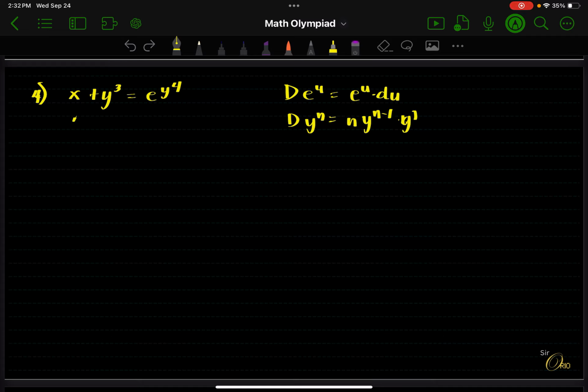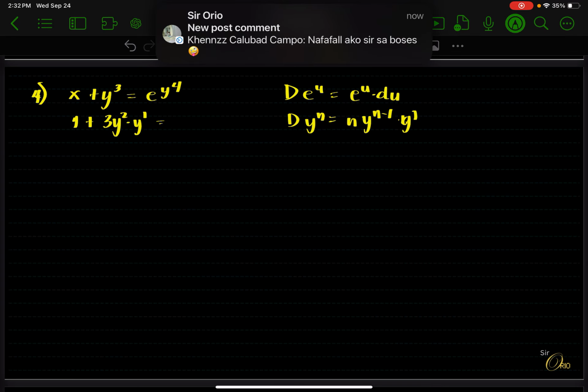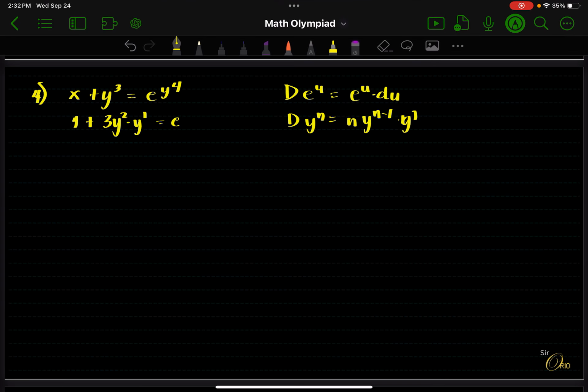The derivative of x is 1, plus the derivative of y cubed is 3y squared times y prime, is equal to the derivative of e raised to y raised to 4, that is e raised to y raised to 4 times the derivative of the exponent, which is 4y cubed y prime.